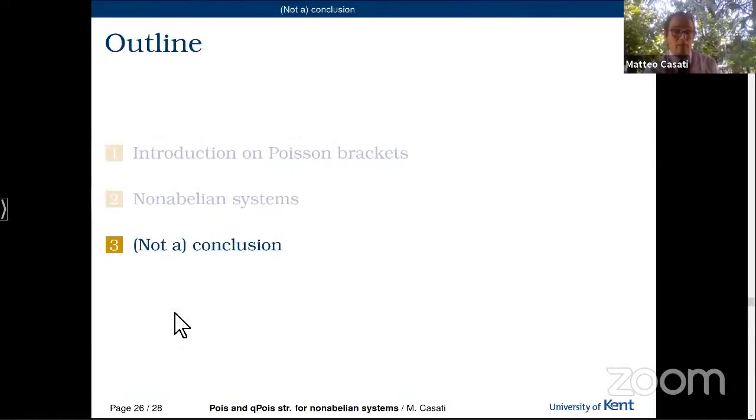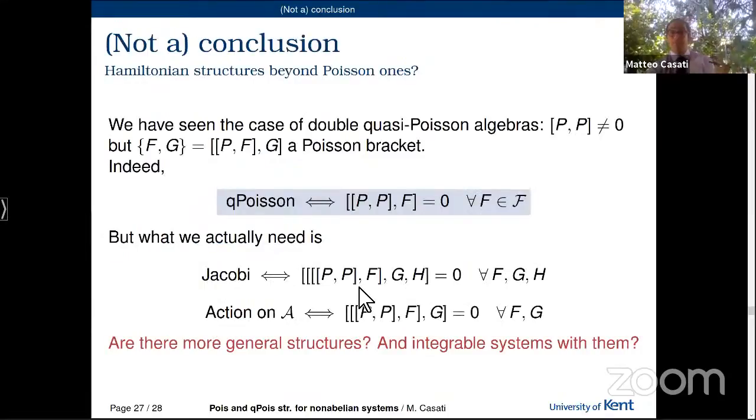But as I told you, the problem is that quasi-Poisson fails to satisfy the Schouten bracket identity, and yet it satisfies, and this I think is new, this expression for all local functionals.